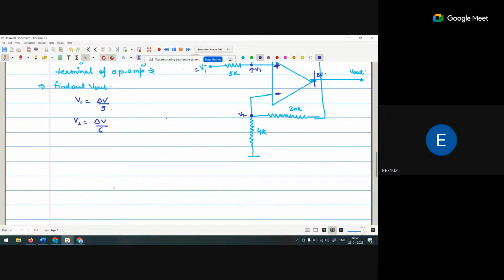Let's assume the VI is 5 volt. Yes, how do we solve that one?